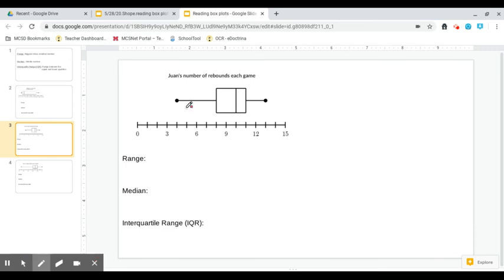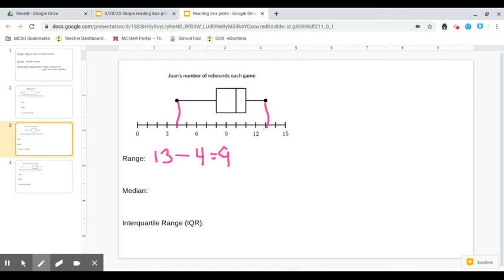All right, so I need my range. My range is the end points right there and right there. So this is a 13, the big number, minus the small number here is a 4. So the range of this diagram is 9. It goes from 4 to 13.